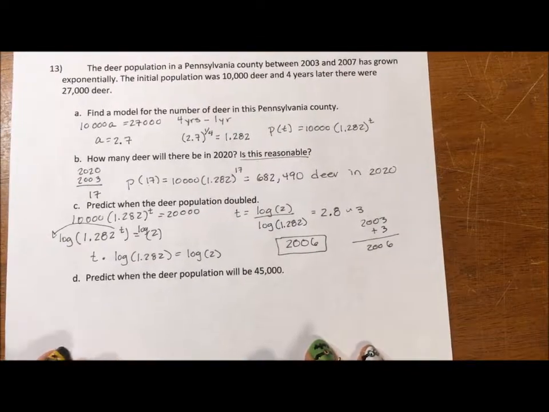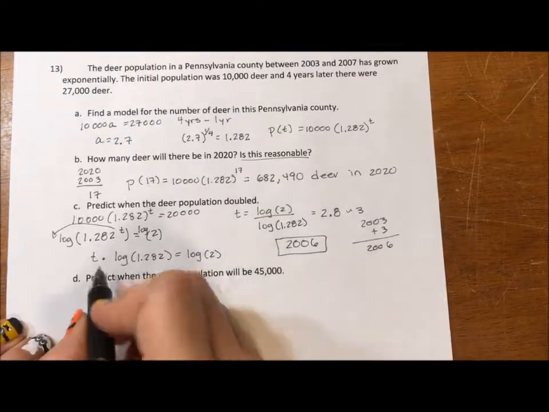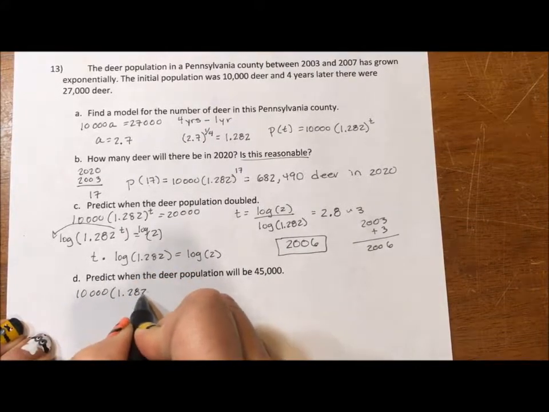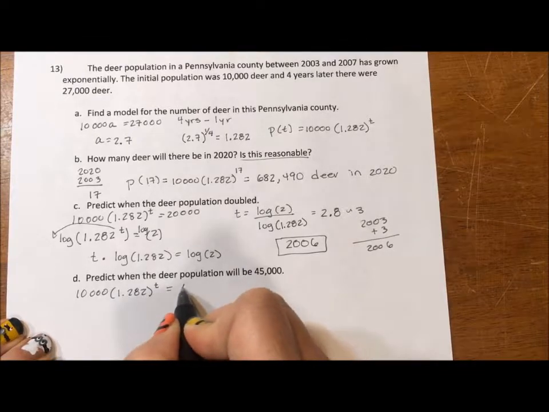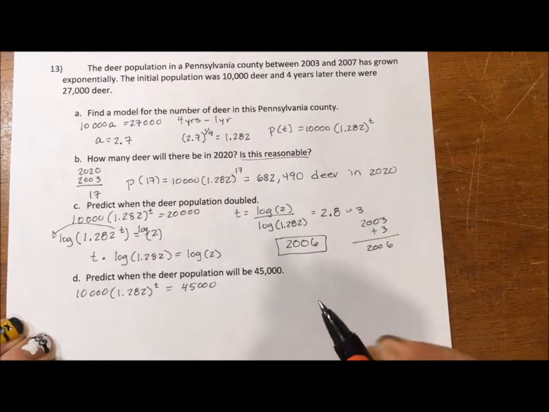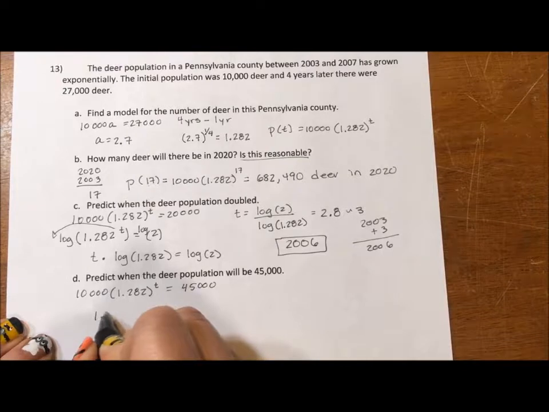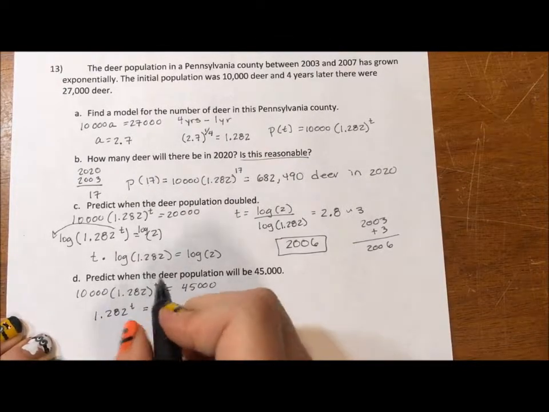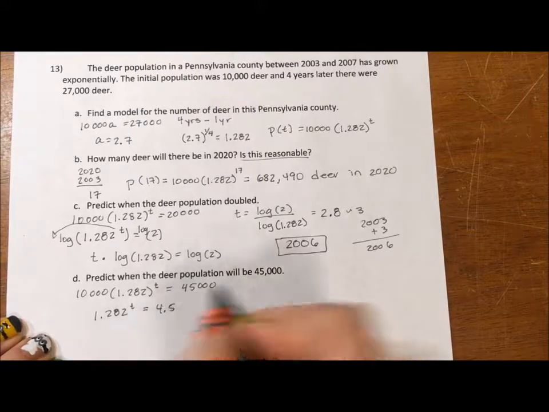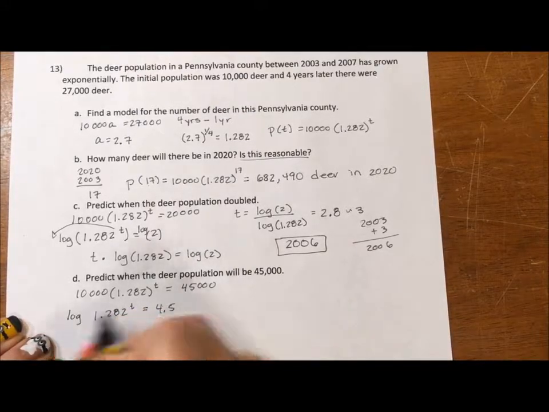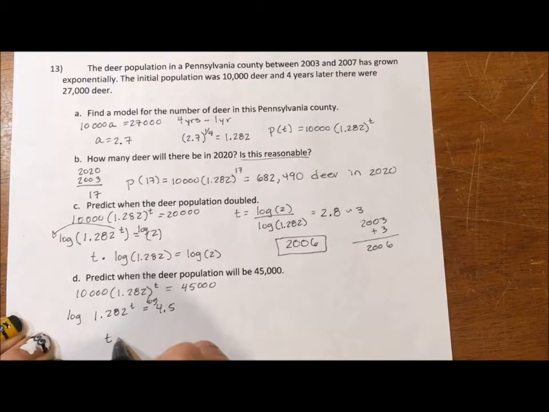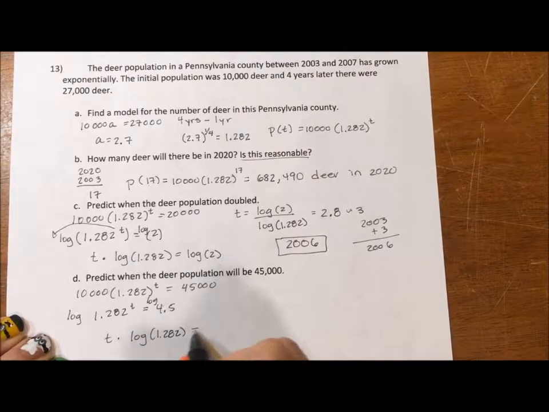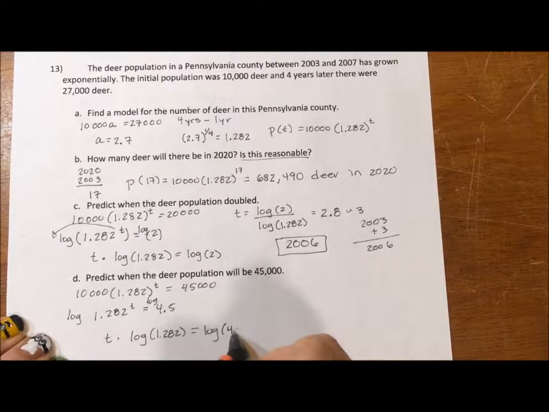Now it says, predict when the population will be 45,000. So again, when will 10,000 times 1.282 to the t equal 45,000? Again, I'm going to divide by 10,000. So I have 1.282 to the t is equal to 4.5. Again, I'm going to take the log of both sides so that I have t times log of 1.282 equals log of 4.5.